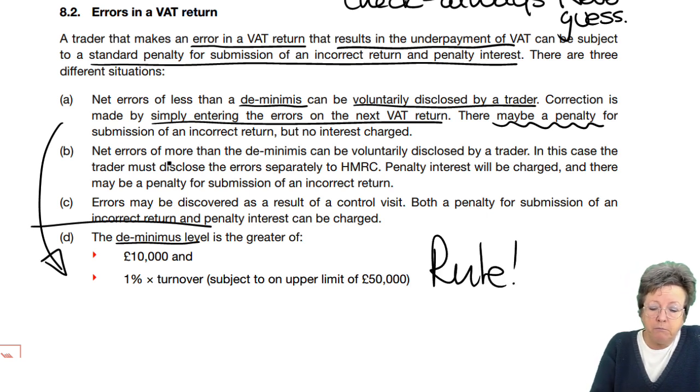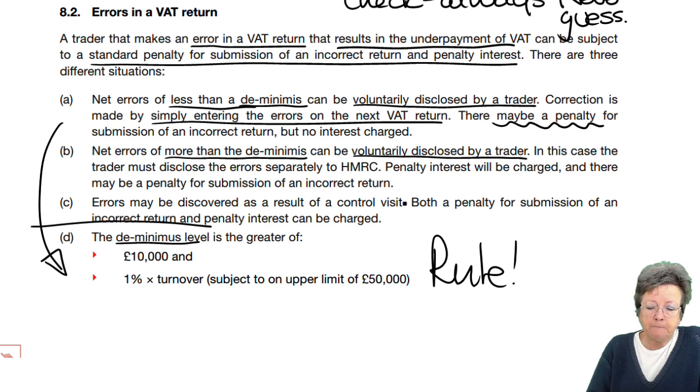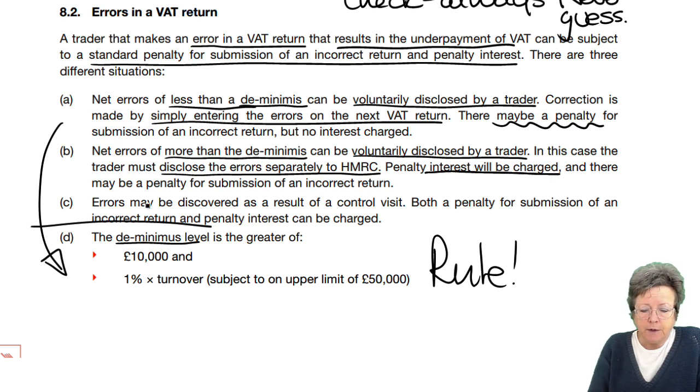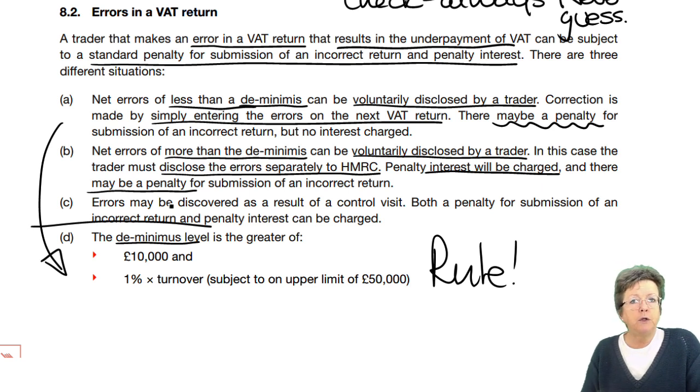Net errors of more than the de minimis, so that's less than, this is more than, you can again voluntarily disclose. Now these must be sent separately. Don't put them on the next return. Okay, interest will be charged and there may be a penalty. You can argue that one way or the other.